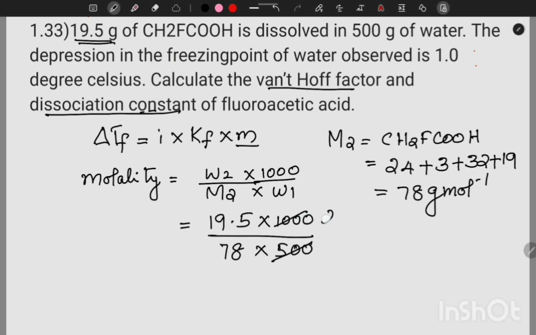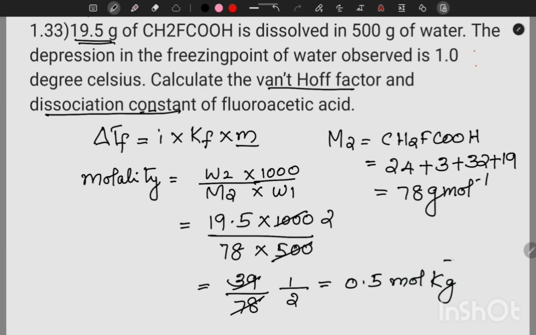So when we simplify, we will get 2 into 19.5, that is 39 by 78. So we can divide, we will get 1 by 2, that is equal to 0.5 mole per kilogram. Now we got molality.